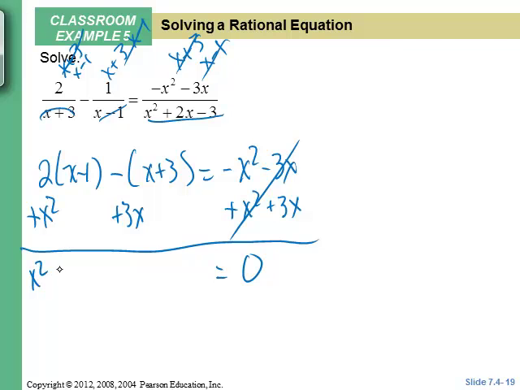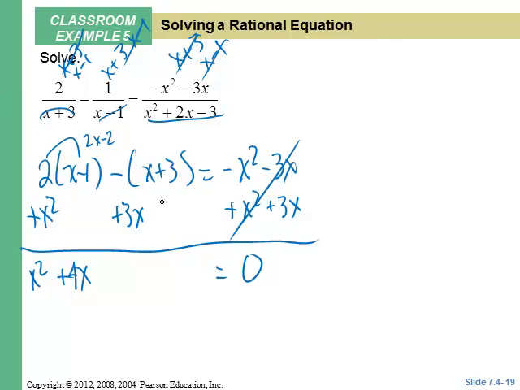X squared, this is 2x minus 2. 2x minus x is x, plus 3 more x is 4x.